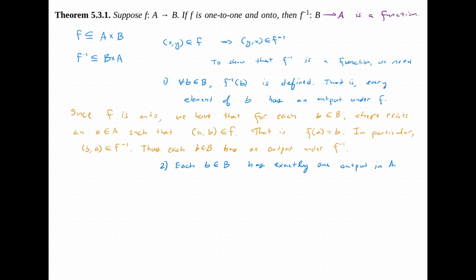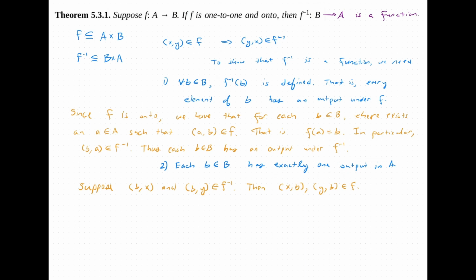we will have the following. Suppose that b comma a, actually I'm going to switch it to b comma x, and b comma y are in f inverse. If b comma x and b comma y are in f inverse, that tells us that x comma b and y comma b are in f.